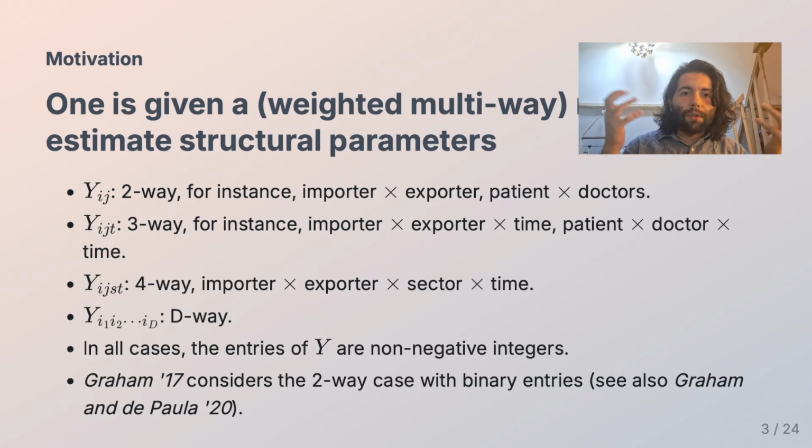So it's a counter you can think of. And we also consider multi-way networks. The method that will be described here can be used for two-way, three-way, four-way, D-way networks.